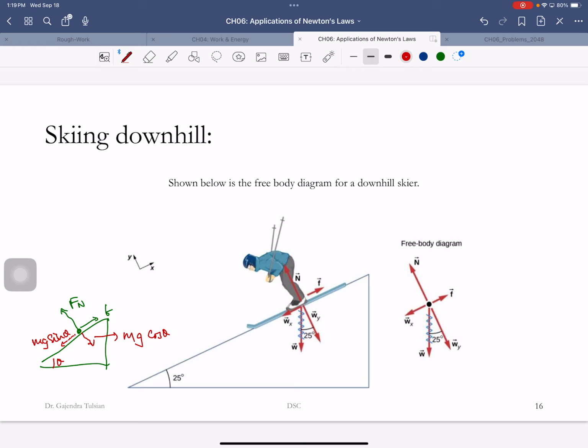So now all the forces are in convenient form. If he is not coming off the slope, then this force is balancing this component. If he's accelerating downwards, that means this component is greater than the friction force. If he's coming down at constant velocity, this force is equal to that force, and so on. And of course, if the friction force is greater, then he's not moving and he's not having any fun. So that's the deal.